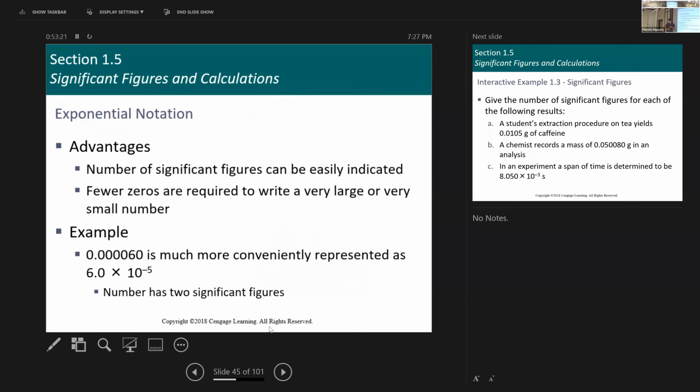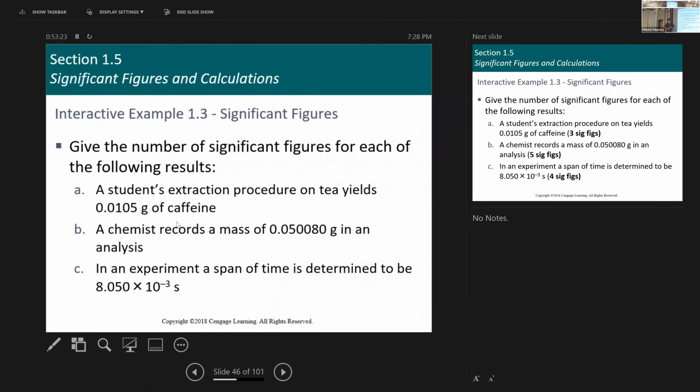Okay. The best way to learn this is by examples. So the first example before we take a break is this one, 0.0105. How many sig figs are in that number for A? 5. No. 3. Yes, good. So it was either 5 or 3, right?